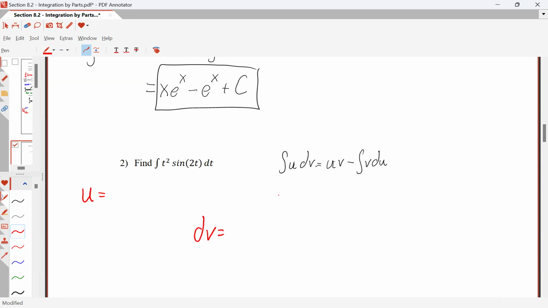Once again, we don't have any inverse trig. We don't have any logarithmic. We do have this algebraic t squared. So that will be our u, making our dv everything else, including the dt. Take the derivative of u, so du equals 2t dt.